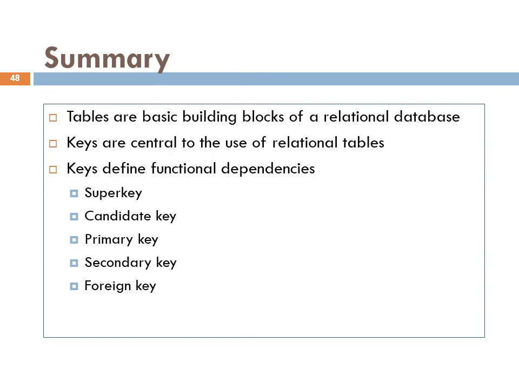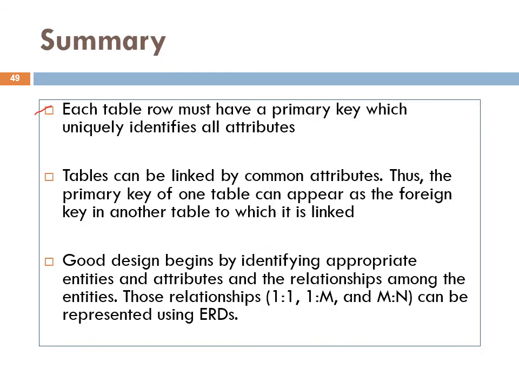To summarize this part 1 video, tables are basic building blocks of a relational database, and keys are central to the use of a relational database. These are the keys: functional dependency, super key, candidate key, primary key, secondary key, and foreign key. Basically, each table row must have a primary key which uniquely identifies all attributes, right?